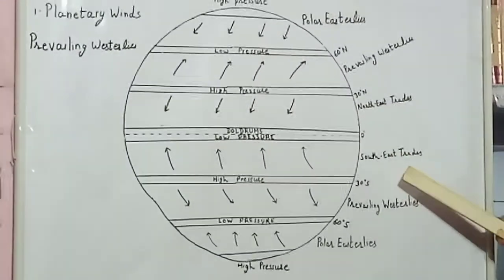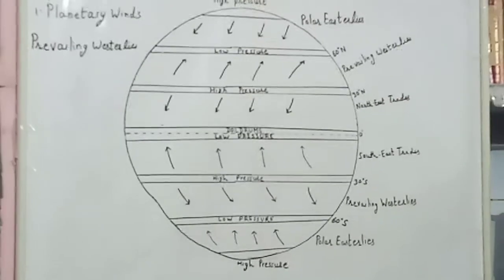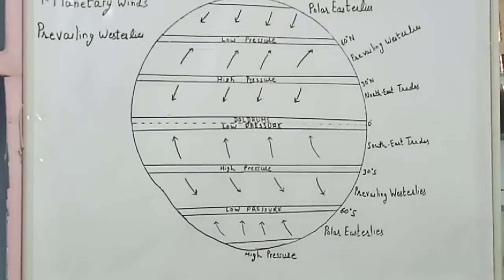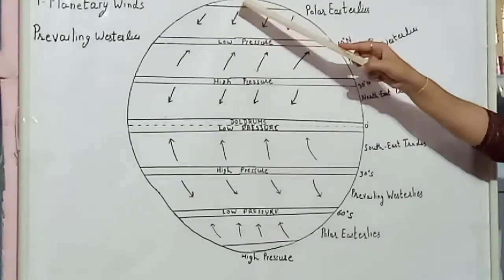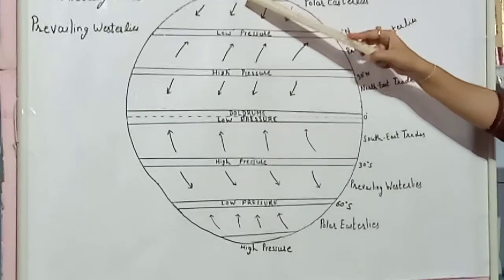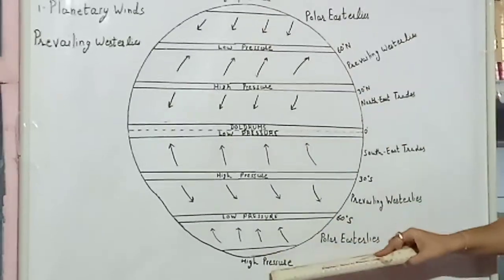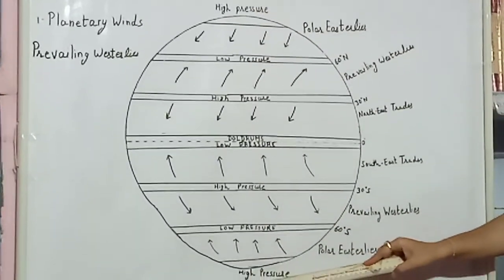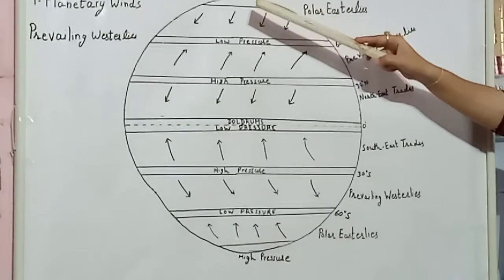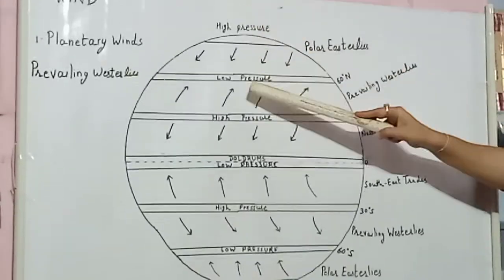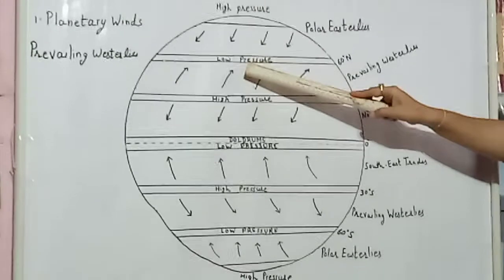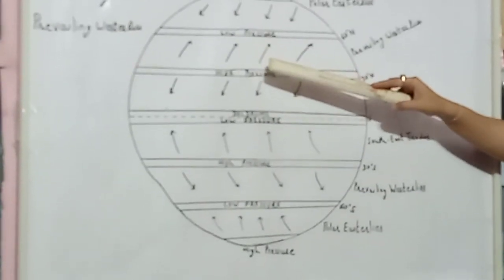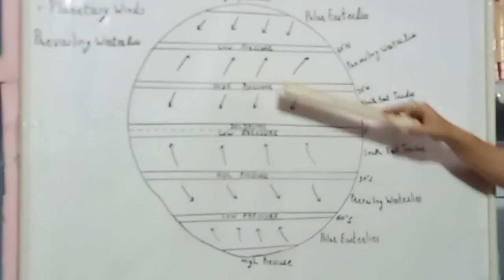Next is polar winds. They blow from the polar high pressure belts to the subpolar low pressure belts. These are the polar belts, North Pole and South Pole, and here is the high pressure belt and this is also a high pressure belt. In the northern hemisphere, their direction is variable, but their direction is more regular in the southern hemisphere.